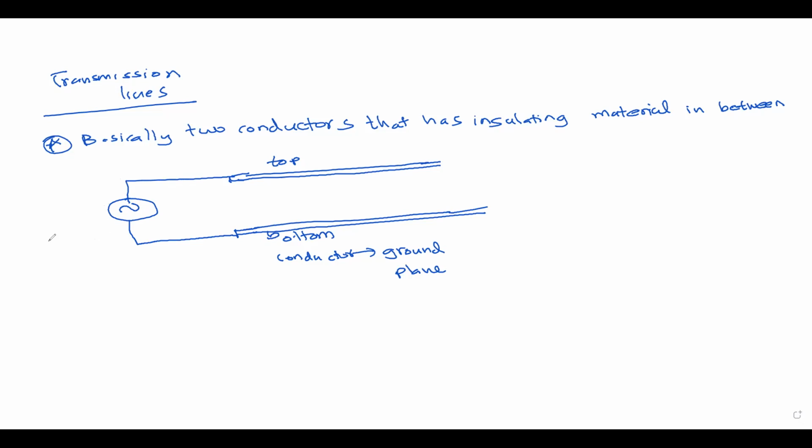It could be an antenna, or a base station where the electromagnetic waves are generated and propagated, or it could be a power generation plant where the electromagnetic waves are used to transfer the power.